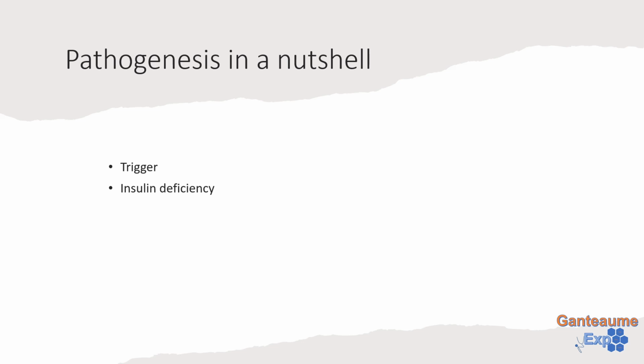The cells of the body really believe that they are in a state of starvation. Even though we have sufficient glucose around, the cells cannot access it because insulin is either not present or it's just not working well enough to facilitate glucose entering inside the cell.